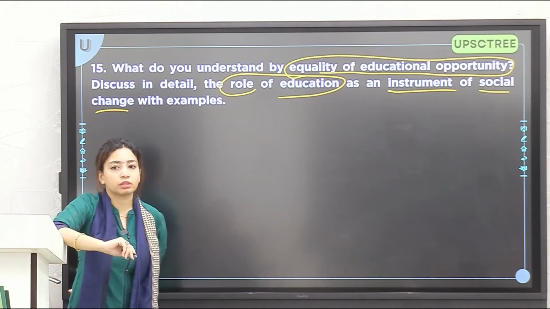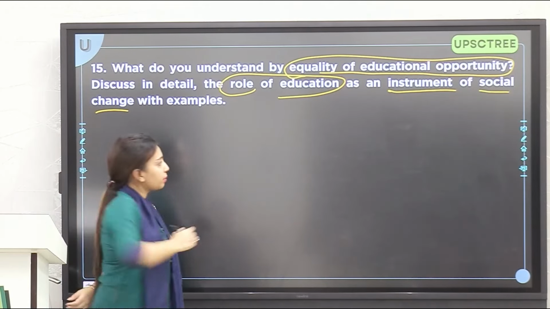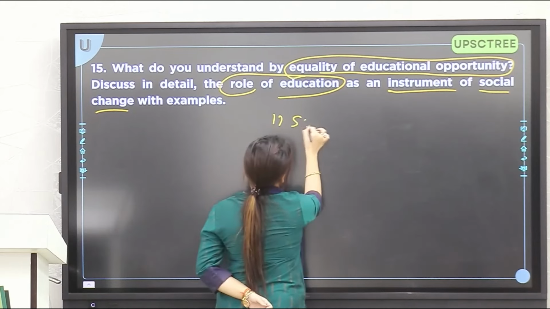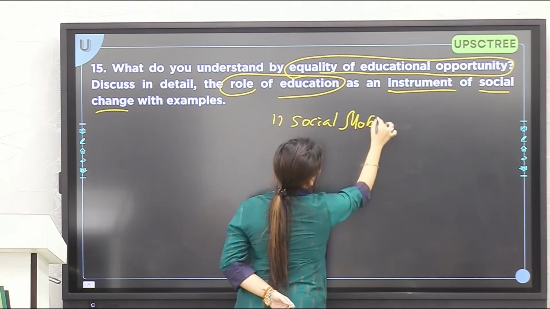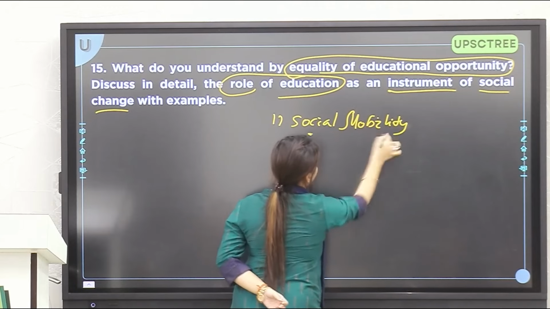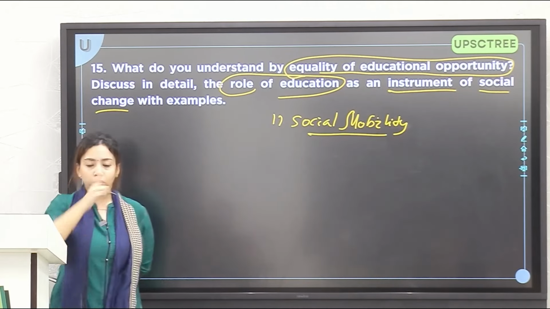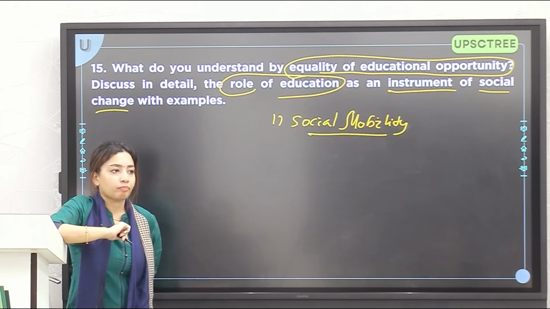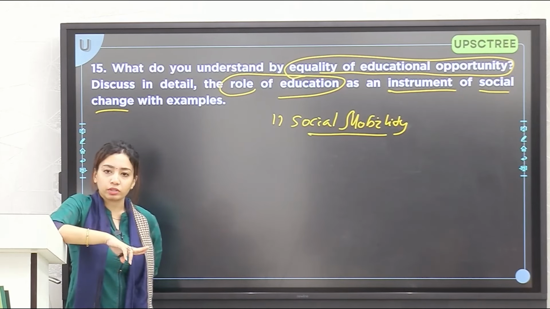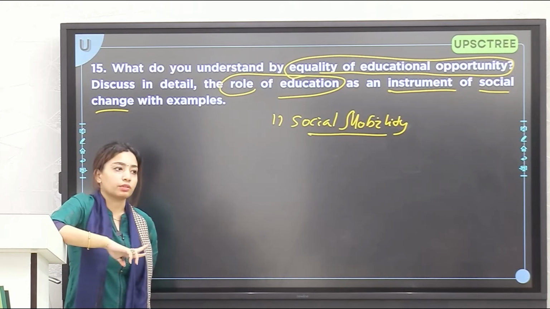Education means social change. Can you integrate the concept of social mobility here? Do you think social mobility is brought about through education? How? Intragenerational and intergenerational, both vertical and horizontal.